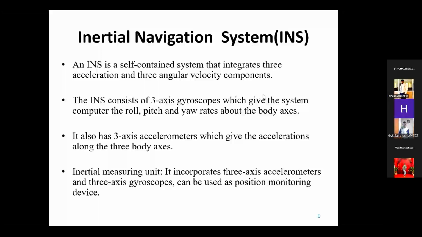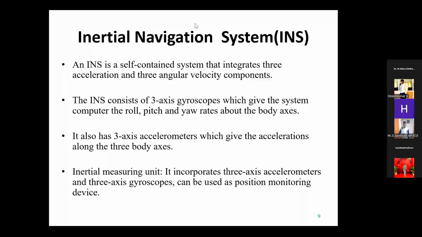That is called the inertial navigation system, right? This inertial navigation system is a self-contained system that integrates three acceleration and three angular velocity components. Here you are using sensors to measure acceleration and angular velocity components.